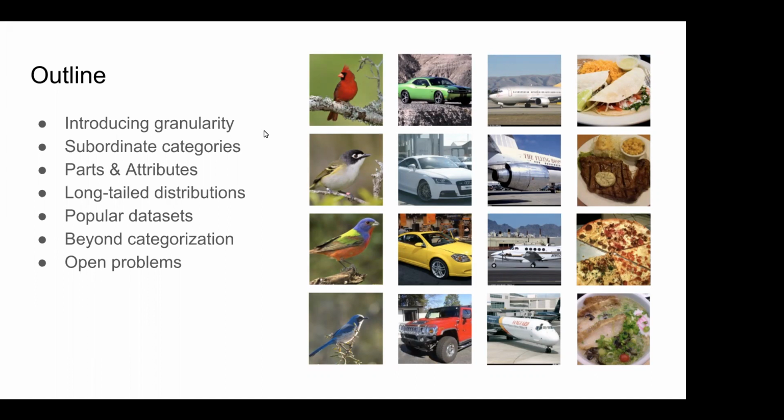We'll also go over some of the challenges involved with long-tailed distributions, look at some of the popular data sets that are out there. And we will look at some problems that go beyond fine-grained visual categorization, specifically into more recent open research topics, which brings us to the last area, looking at the open problems in the general domain of fine-grained visual analysis.